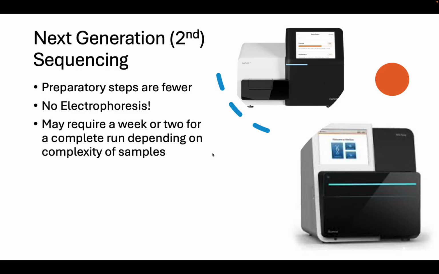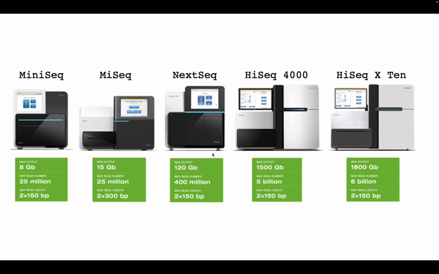And again, Illumina has really been the company that has been the most successful in this area, and they kind of dominate the field. There are a lot of different machines that they have on the market, and it really depends on your applications for the machine, which one a scientist might choose.